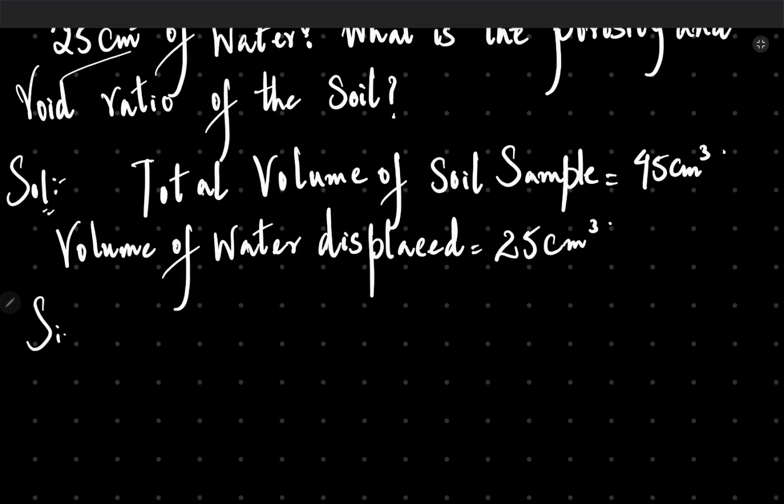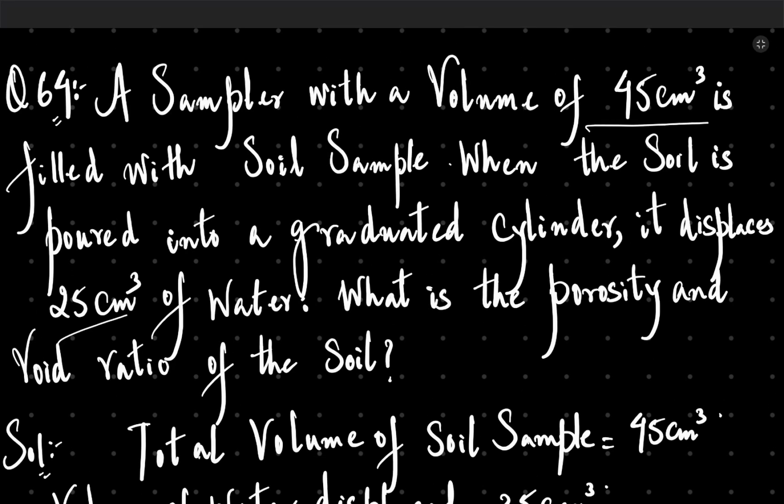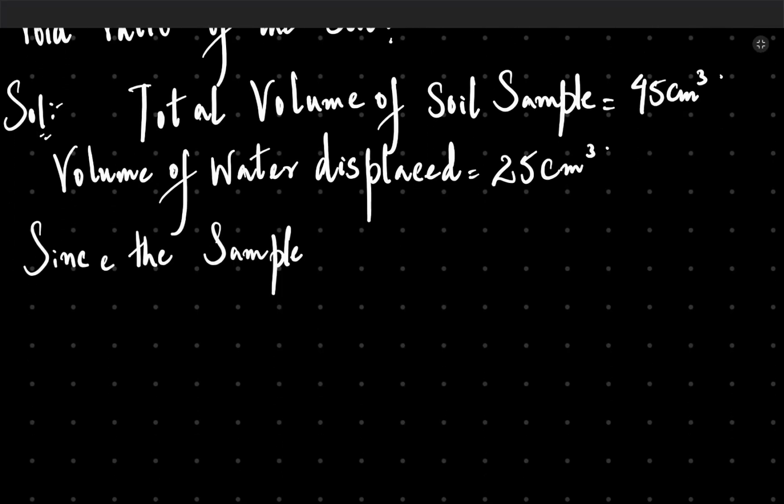I'll write it down for you. After the sample was collected using a sampler having a volume of 45 centimeter cube, it was subsequently poured into a graduated cylinder and there it displaces 25 centimeter cube of water. But since the sample is poured into a graduated cylinder, the volume of the soil solids is equal to the displaced water volume. Definitely it will be the volume of soil solids which will be equal to the displaced water volume.